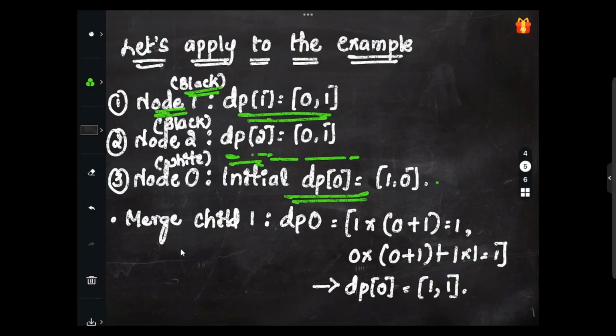So this is fine. We will be merging the child one, meaning dp of 0 will be going with 1 into 0 plus 1, which is nothing but 1. Here 0 into 0 plus 1 plus 1 into 1, this is equivalent to 1, right? So now dp of 0 is nothing but 1 comma 1.